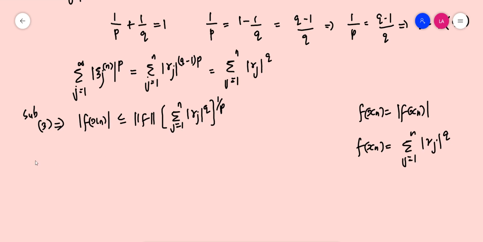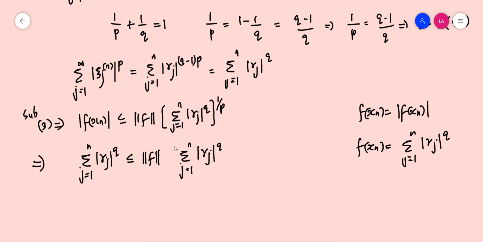If you substitute in this, the expression becomes summation j is equal to 1 to n modulus of gamma j the whole raised to q less than or equal to norm f times summation j is equal to 1 to n modulus of gamma j raised to q the whole raised to 1 by p.